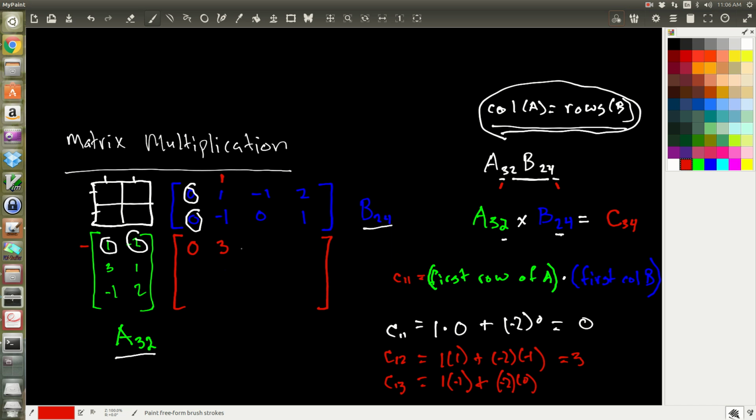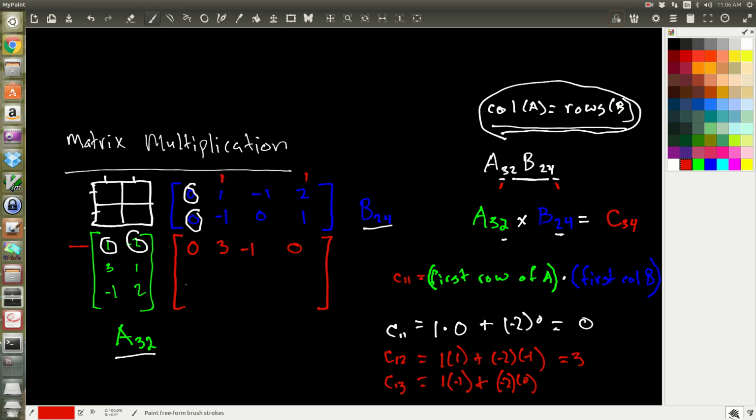So that's just going to be minus 1. Alright, now this last component over here is going to be the dot product of this row right here and this column right here. So we get 1 times 2 plus minus 2 times 1, which is just going to be 0. There, we've got the first row of our C matrix.